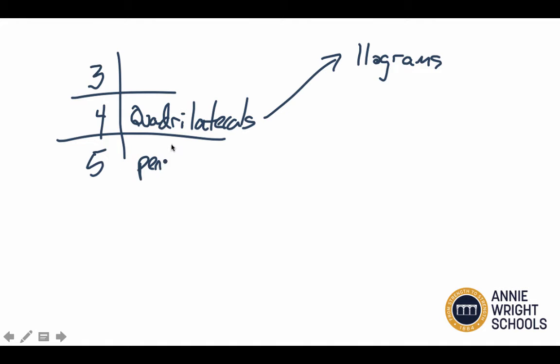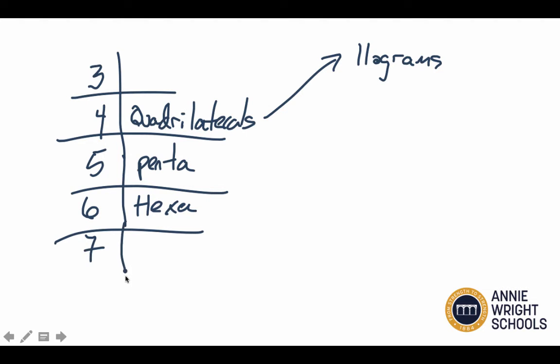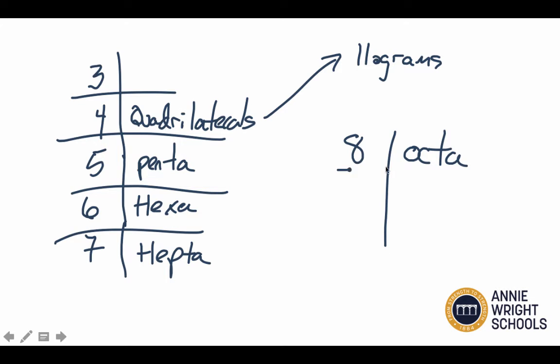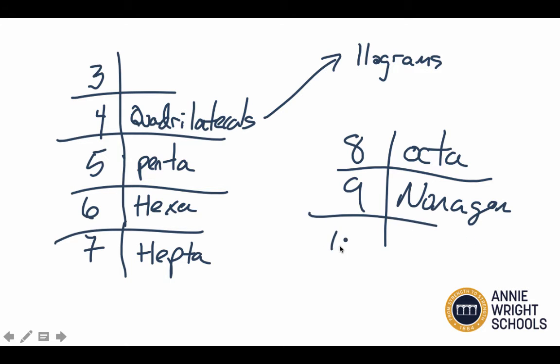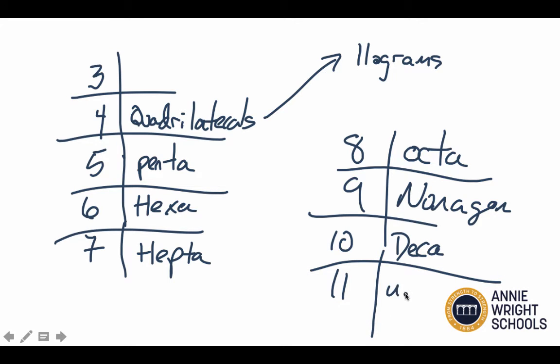And then pentagon. For 6, we have hexagon. For 7, don't forget, it's Greek, we have heptagon. 8, we have octagon. 9, we have nonagon. 10, we have decagon. 11, undecagon.